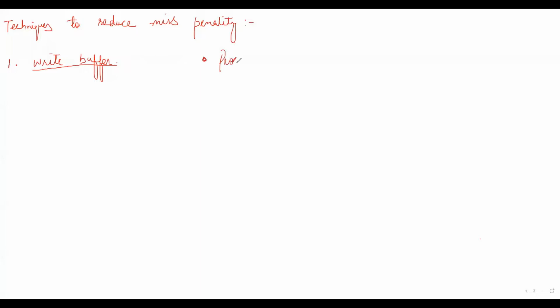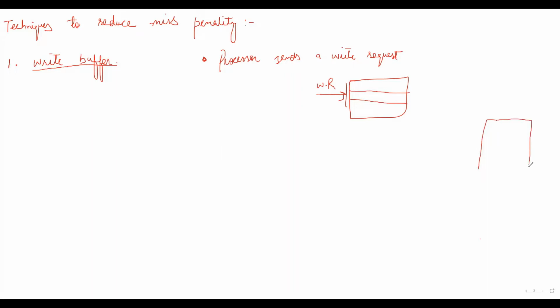So the processor sends a write request to a cache, and let's say there is a miss. So when there is a miss, how will our system respond? It will go to the main memory or to the lower levels. It will get that block, place that block here, then update that block. After updating the block, it will send that block to the lower levels.